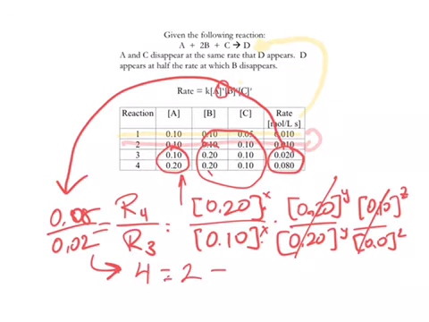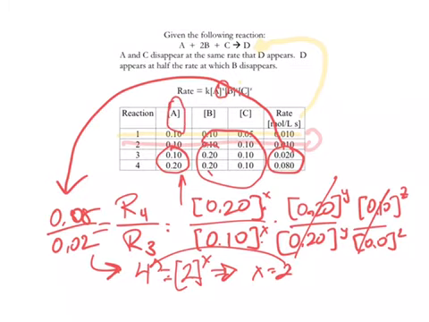Stunning, I know. Now, 2 raised to the x power is going to equal 4. So what that means is that x is going to equal 2, because if I take 2 and square it, I get 4.